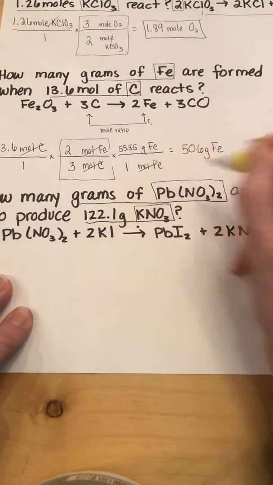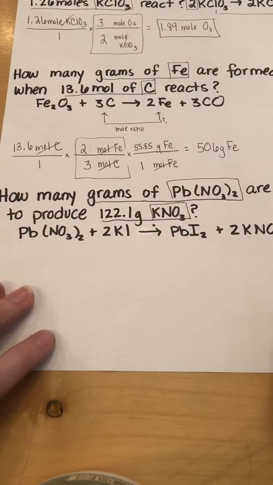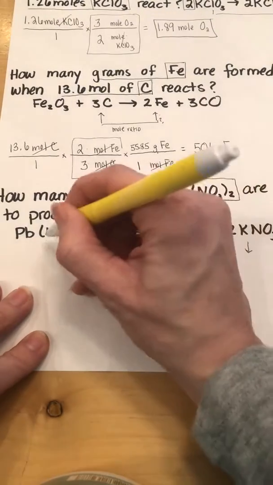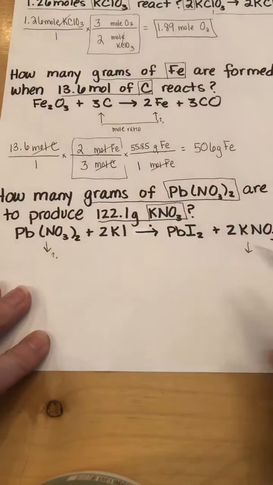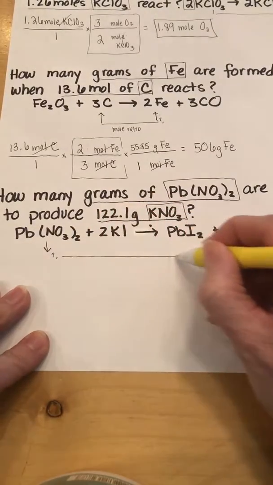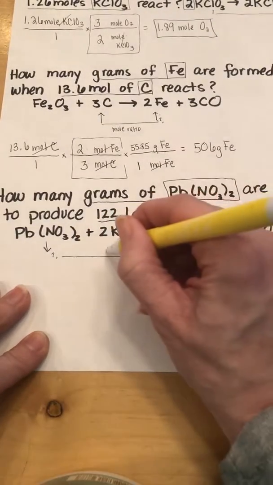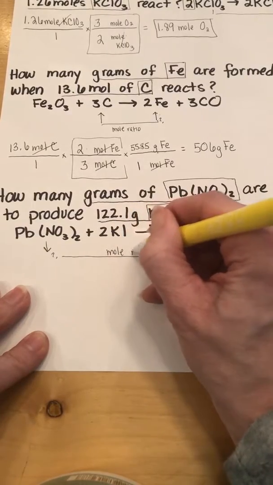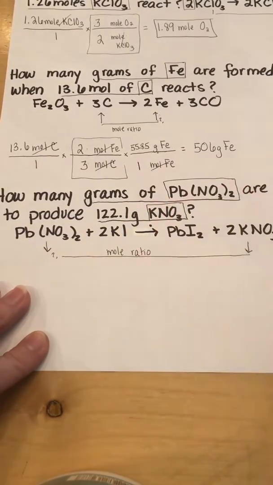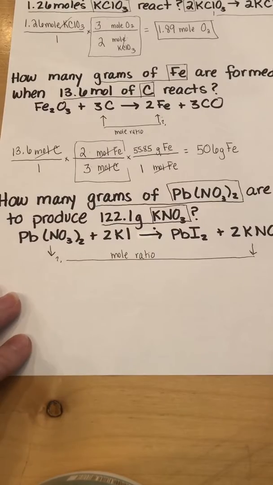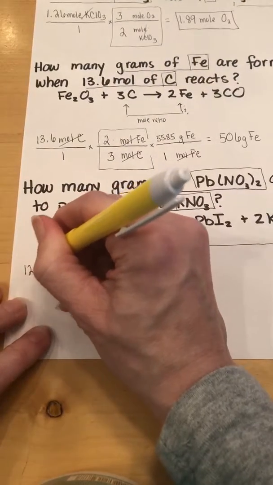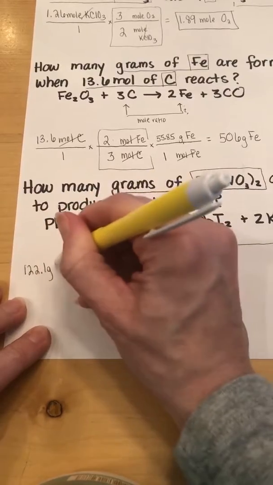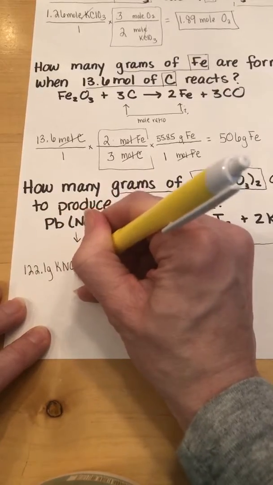So I'm given information about the potassium nitrate, but I'm asked to give back information about the lead nitrate. In order for me to go back and forth between those two, the only step that's going to allow me to change from one substance to the other is a mole ratio step. So in this problem, I'm given 122.1 grams of KNO3.